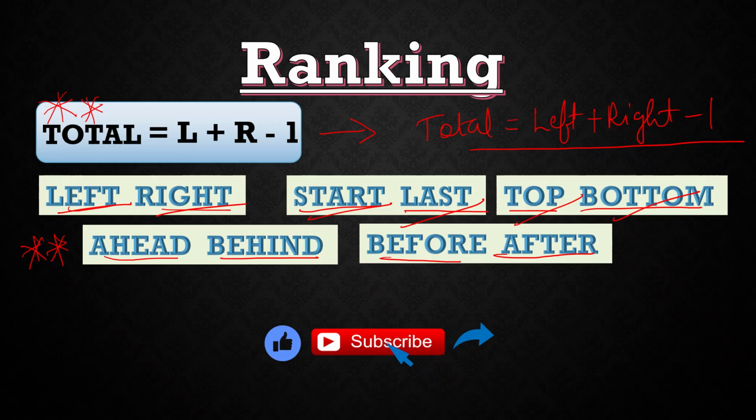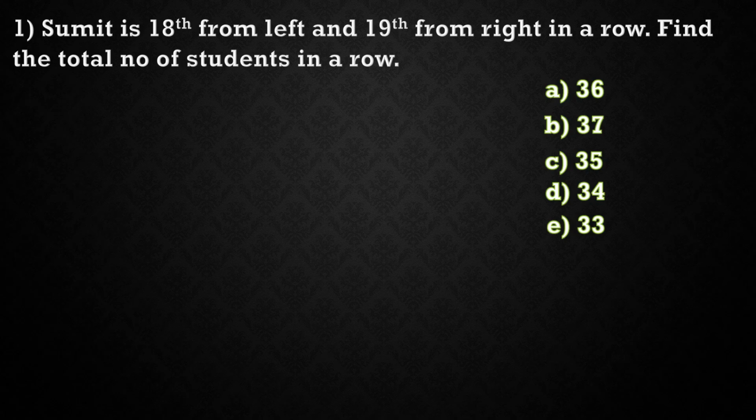So let's go to questions now based on ranking. The first question under ranking, this is the easiest type of question based on ranking you can expect in the paper, and you have a 30 seconds timer and your timer starts now. Try to solve it, students.